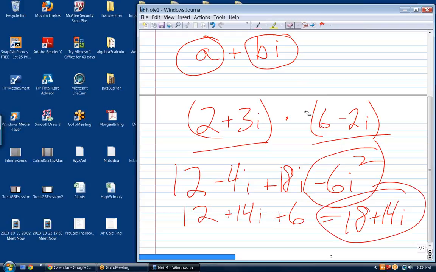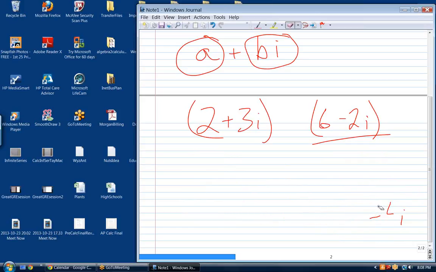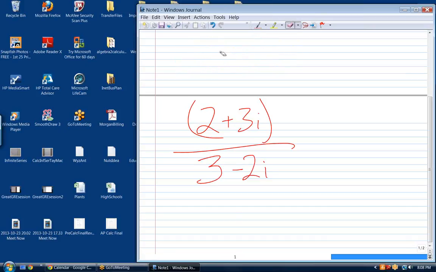Now, the only thing that's really different is when you divide. Let's go through a division. Let's assume that's our problem. We're not really going to divide these. What we're going to do is make the denominator real.